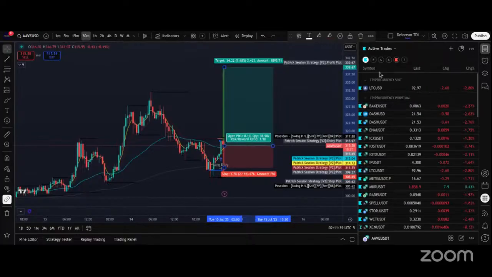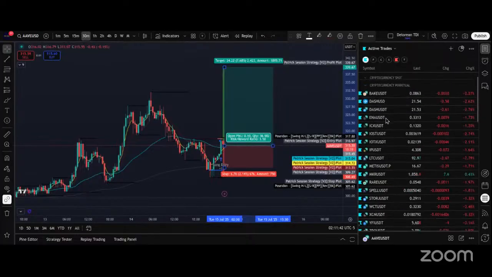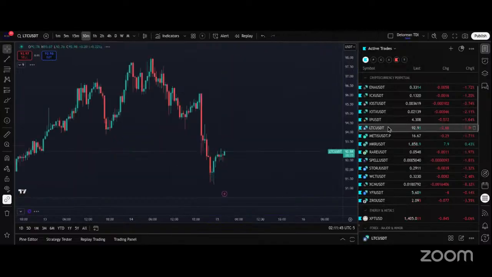Hold on, looks like I missed the parameters for another trade from earlier, so I need to fix that.